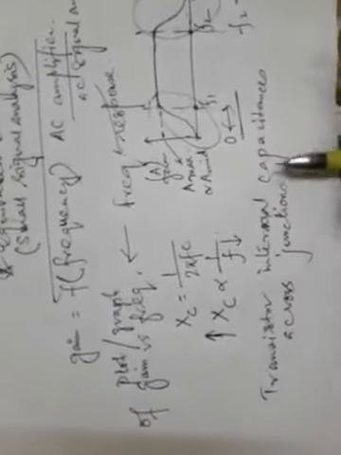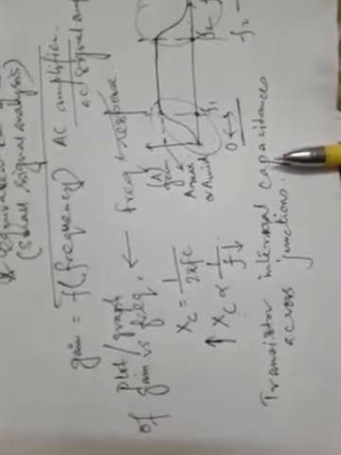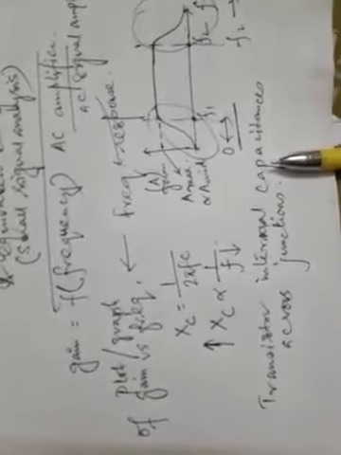One is that the transistor has internal capacitances across its junctions, and these capacitances will be called junction capacitances. You know from the p-n junction theory that when two dissimilar types of semiconductors are kept at either side of a junction, at the point where they meet each other, a junction is created.